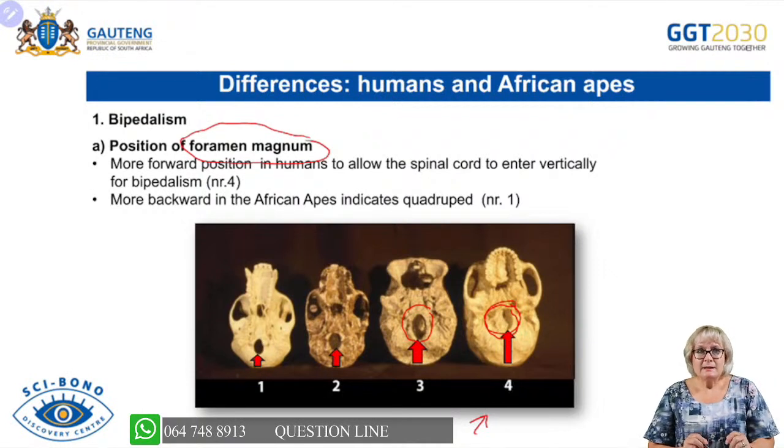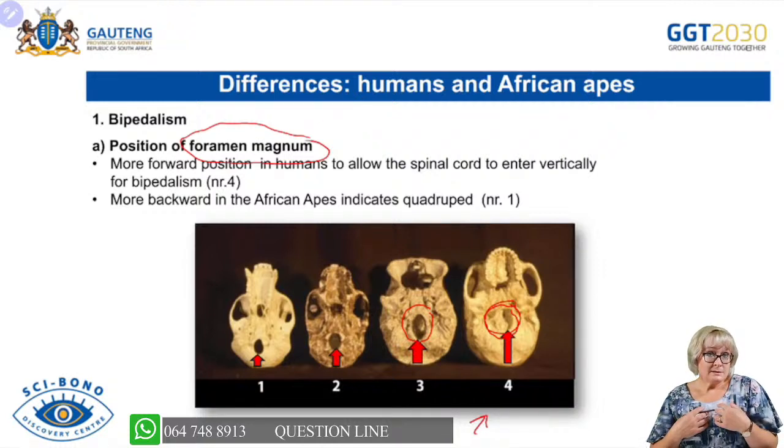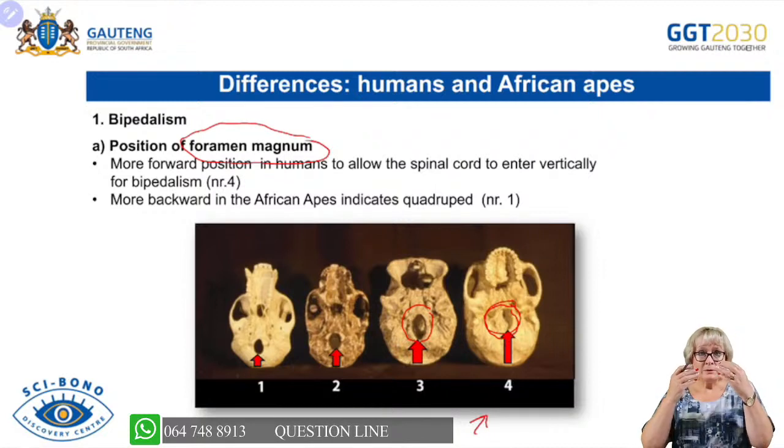You cannot say it's underneath the skull. They're all underneath the skull. You cannot say it's in the middle of the skull. All right. When you look at the position of the foramen magnum, you must say in humans like us, it's in a more forward position because we're bipedal. And then in African apes, it's in a more backward position because they are quadrupeds.